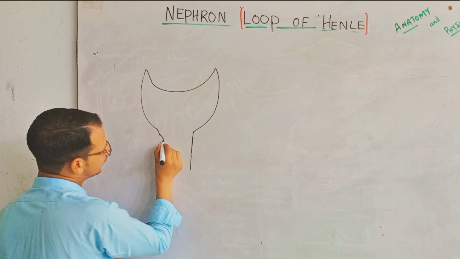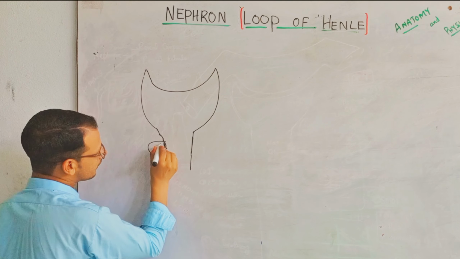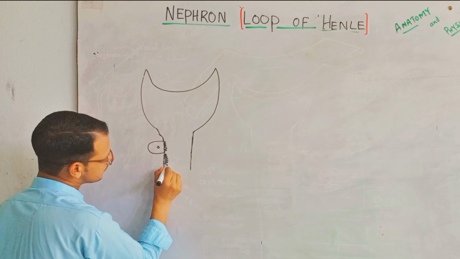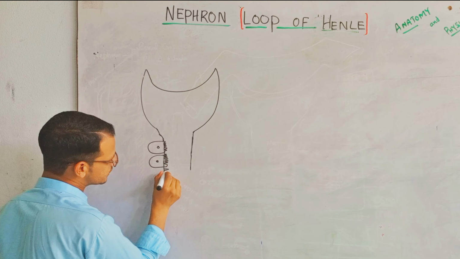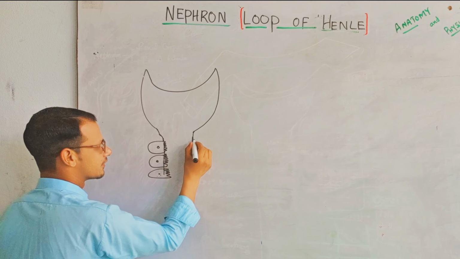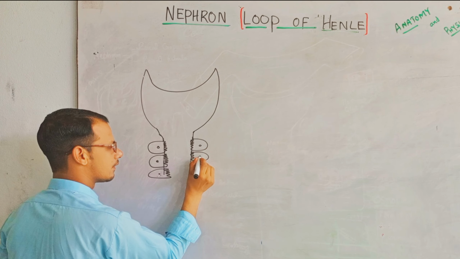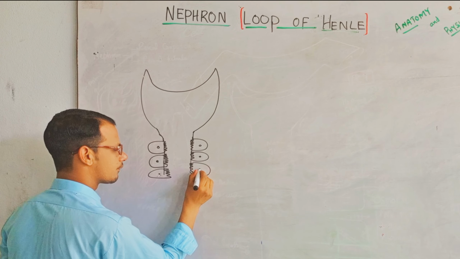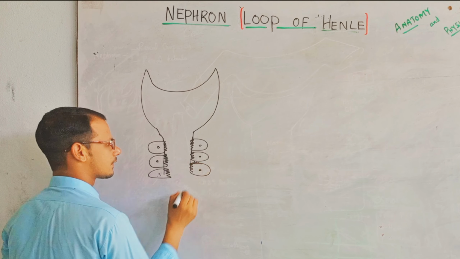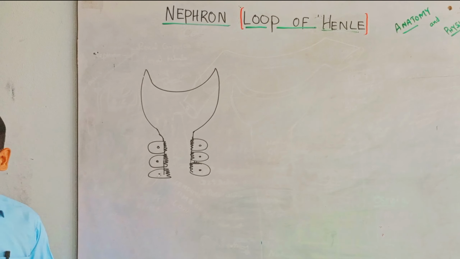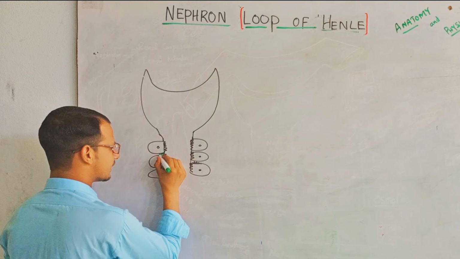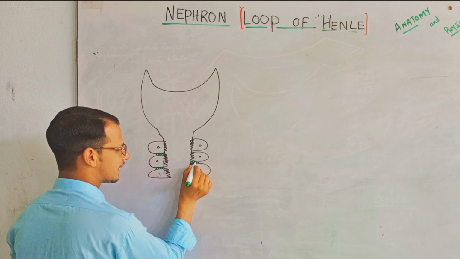In the proximal convoluted tubules we have cuboidal epithelium having brush borders inside the lumen. So for example, these are the proximal convoluted tubules, and these are called tight junctions.